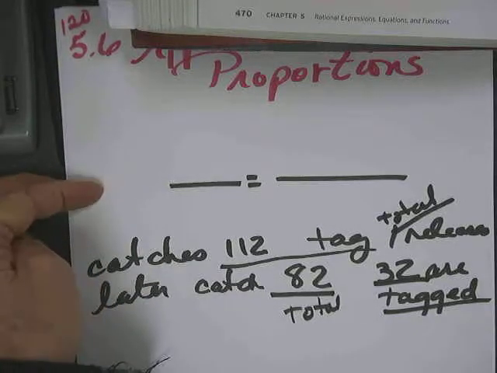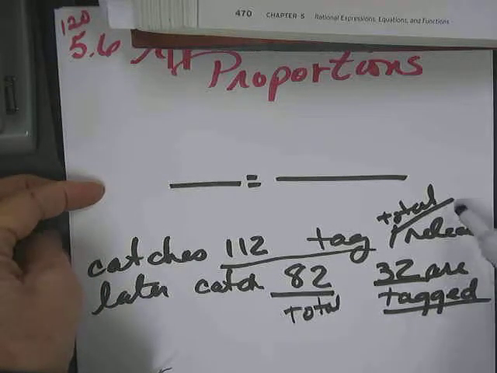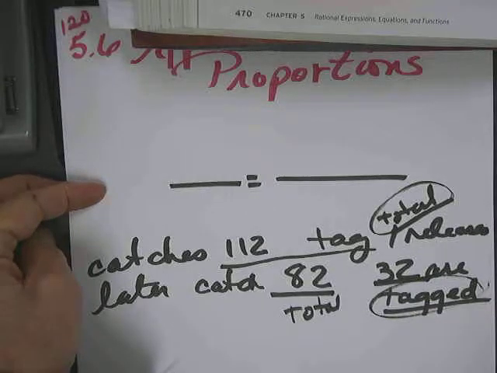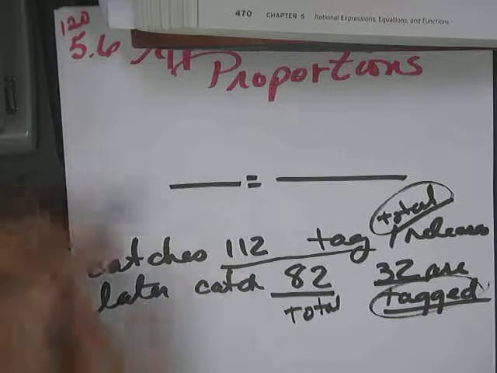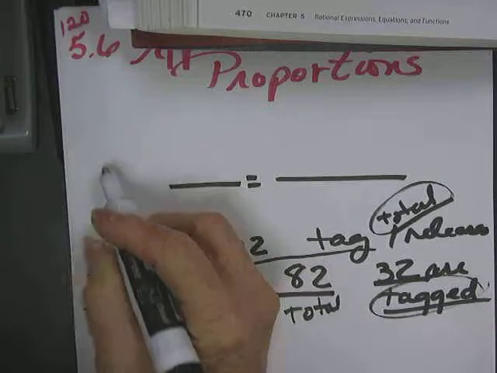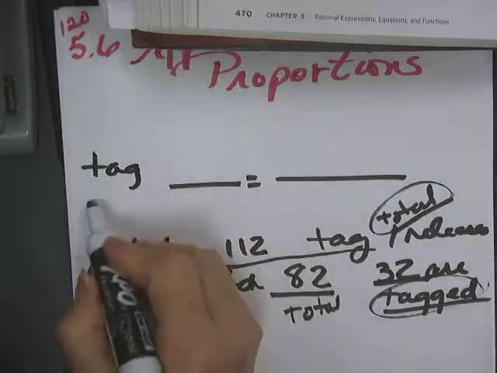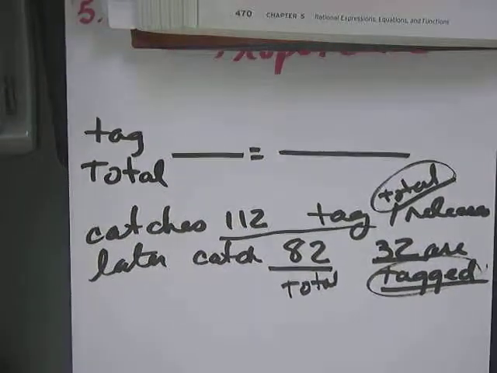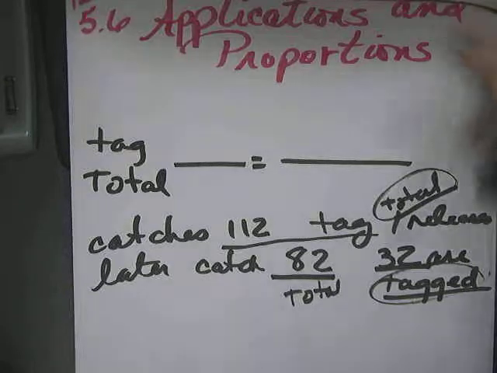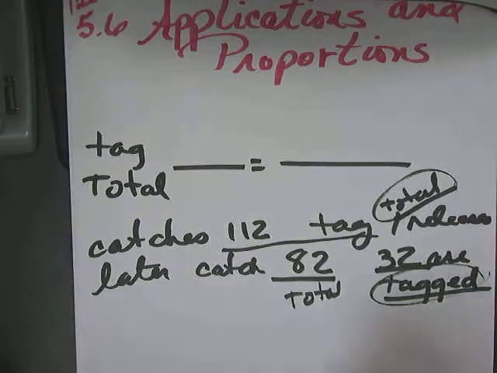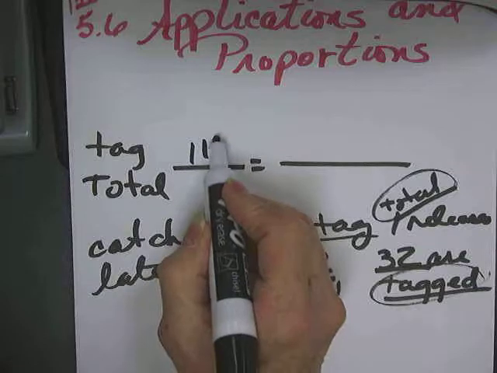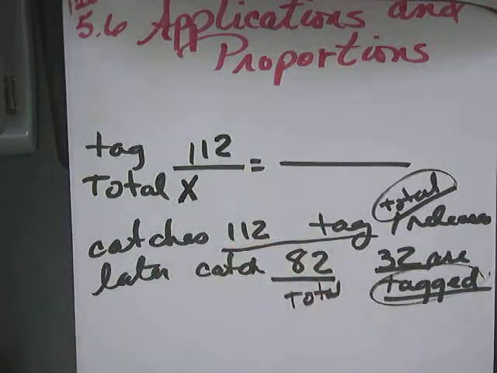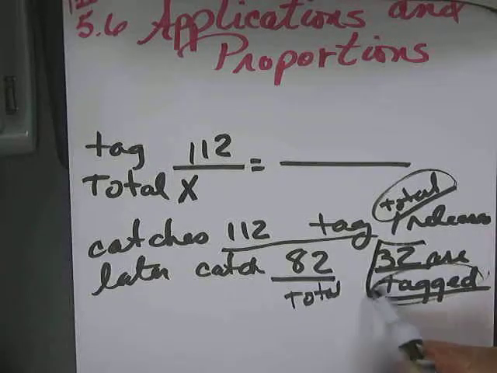So what do you think our labels should be here? Total and tagged. You can put either one on top or bottom, it doesn't matter. You can put how many tagged out of the total or the other way around. When they first caught the fish, they tagged 112 out of all of the fish in the lake, which is what we're trying to figure out. How many are there in there?